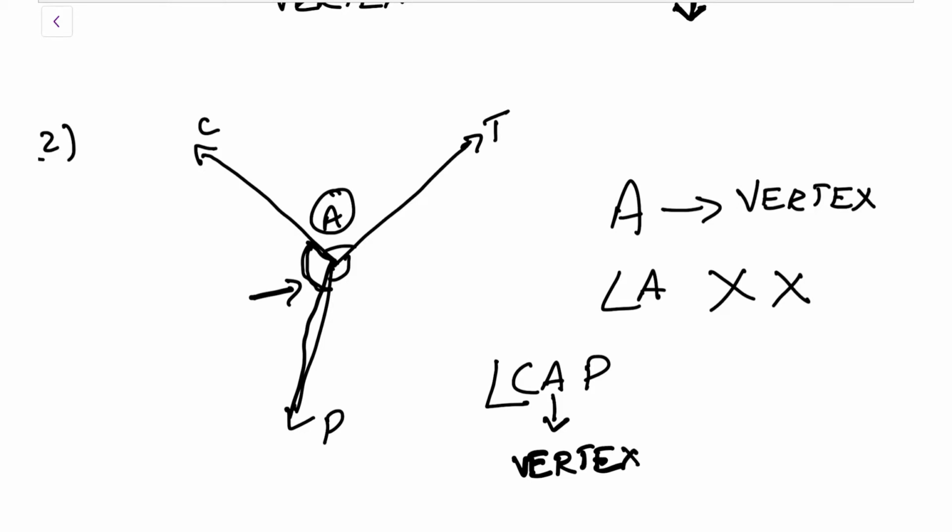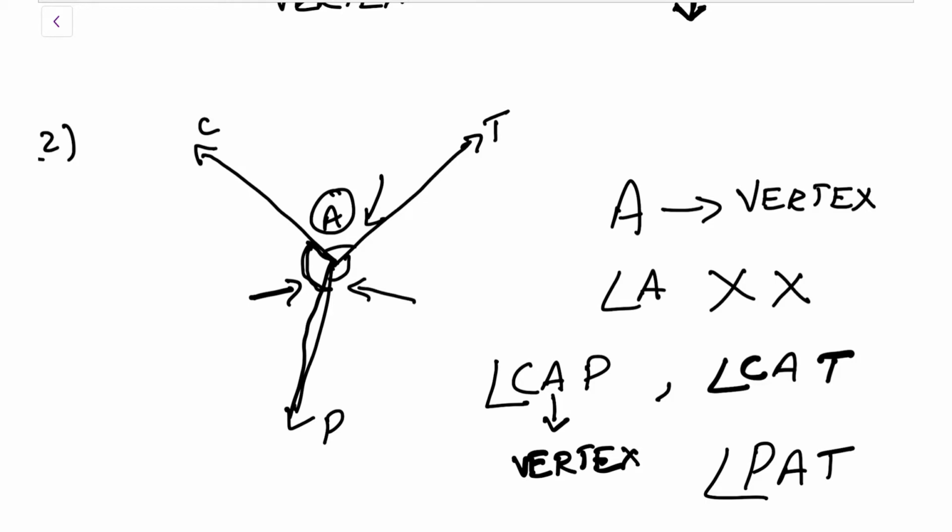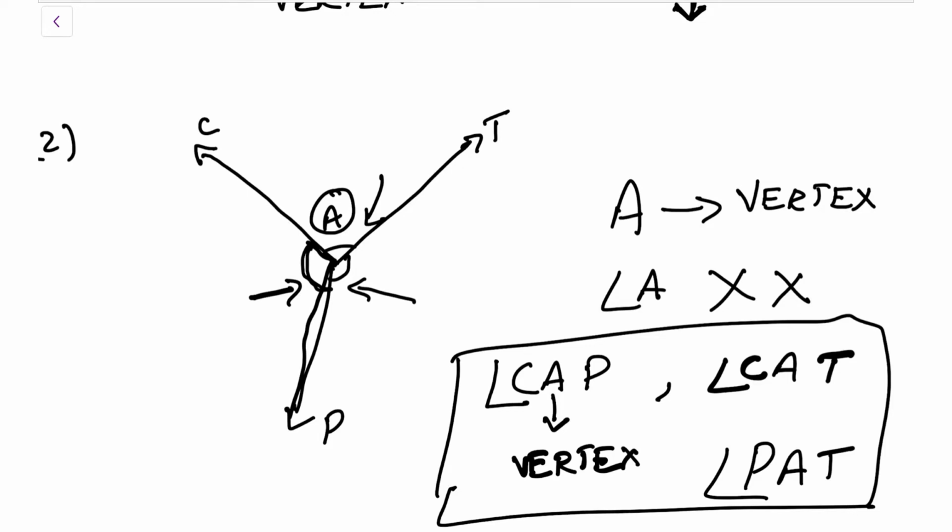Vertex A has to be at the center. So that's one angle, angle CAP. What is the next angle? Angle CAT. Excellent. That's your second angle. And what's the last angle? Angle PAT, which is this.